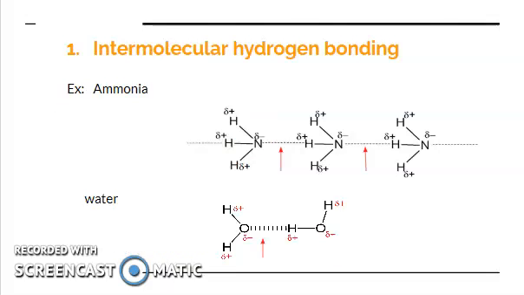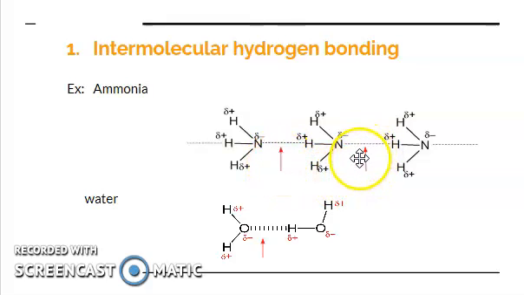Next, coming to the intermolecular hydrogen bonding, here I am showing the examples: ammonia and water. So the nitrogen of ammonia of the first molecule is forming a hydrogen bond with the hydrogen of the second ammonia molecule. This red arrow represents hydrogen bonding.